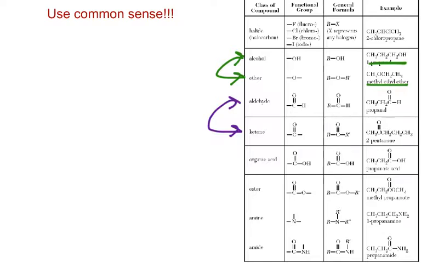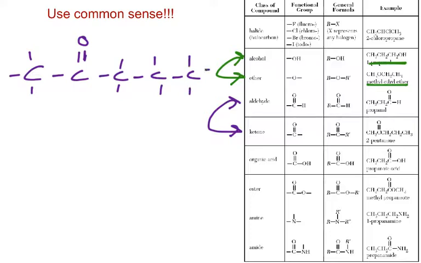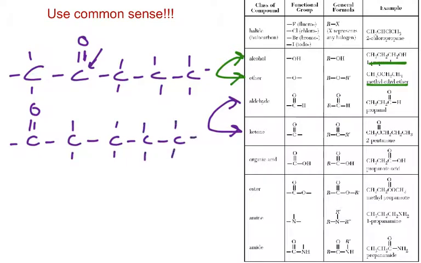For example, if I have this one right here, with 1, 2, 3, 4, 5 carbons, I have a ketone called 2-pentanone. I can transfer this carbonyl group to the end, 1, 2, 3, 4, 5, and I just made an isomer of this ketone.